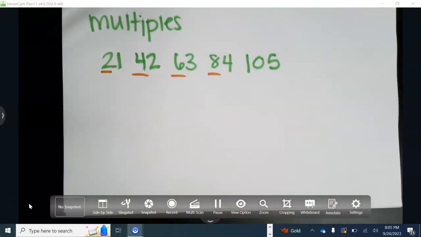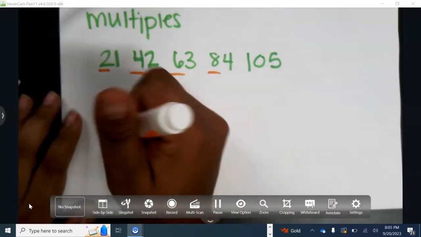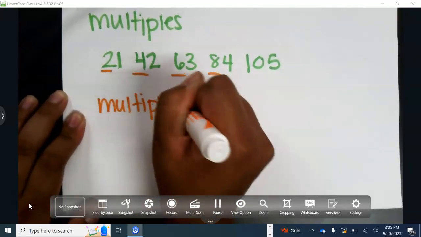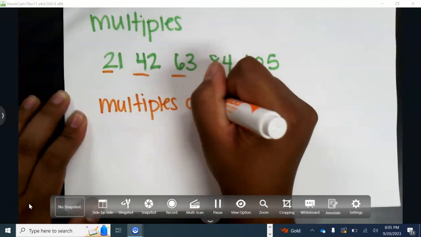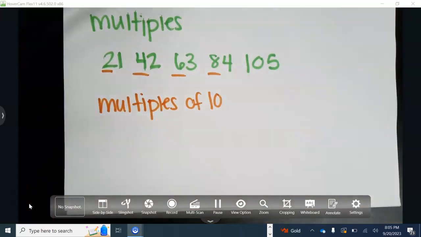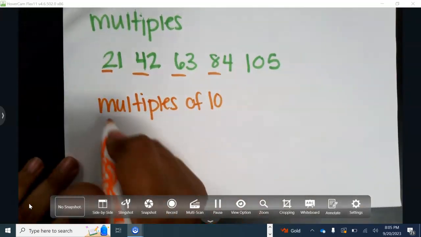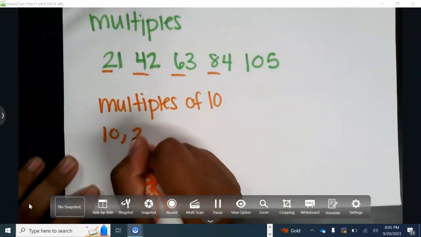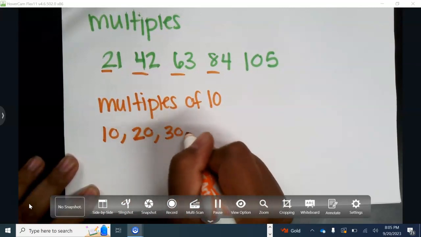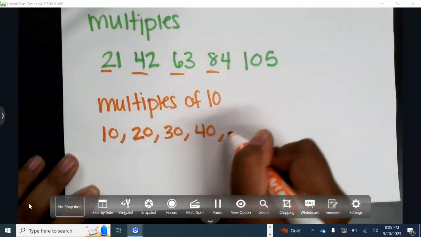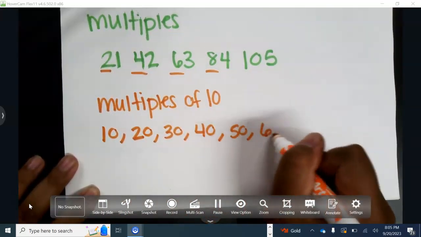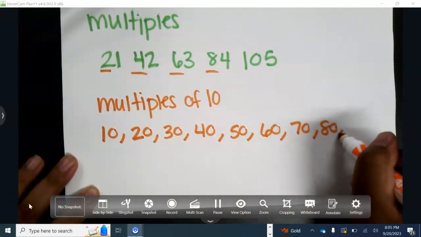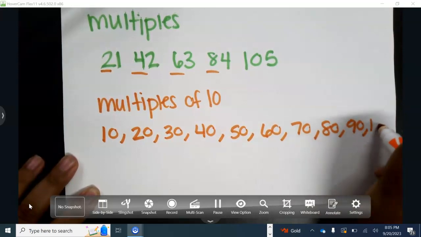Now we're going to move on to our multiples of tens. The reason that we practice these is because it helps us multiply much faster when we think in tens. All right. Count it with me. 3, 2, 1. 10, 20, 30, 40, 50, 60, 70, 80, 90, 100.